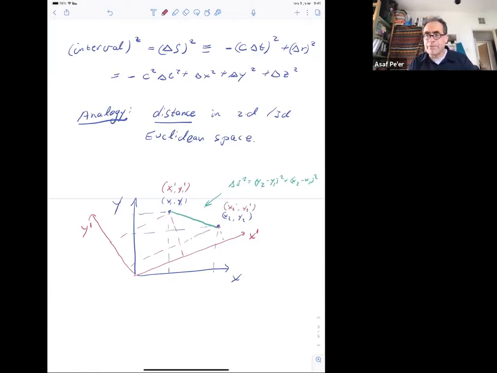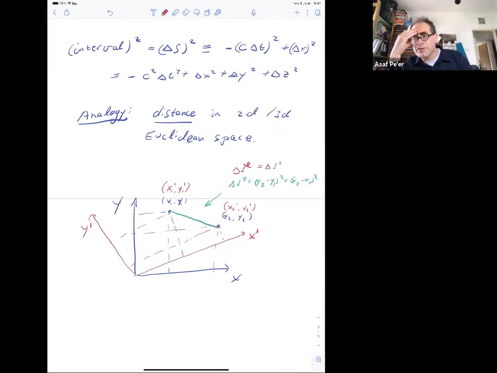right? And of course, in general, x1 prime is different than x1, and y1 prime is different than y1, and the same, x2 prime and y2 prime are not the same as x2 and y2. But the distance squared, delta s prime squared, is delta s squared, right?